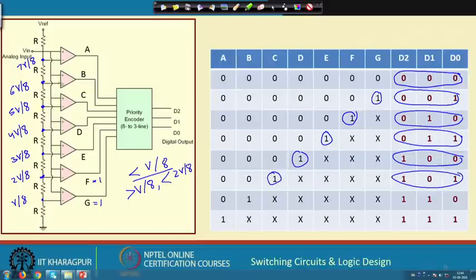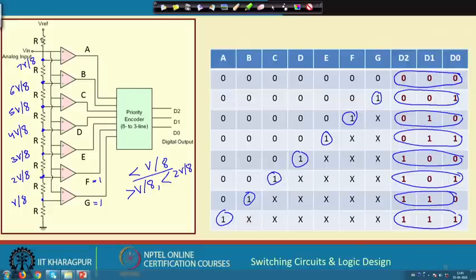Similarly, B is 6 V by 8, 1, 1, 0, and if it is greater than 7 V by 8, A is 1, then 1, 1, 1. And this is priority encoder, means if a particular bit is 1, then the lower priority ones you need not see, you can directly encode it.